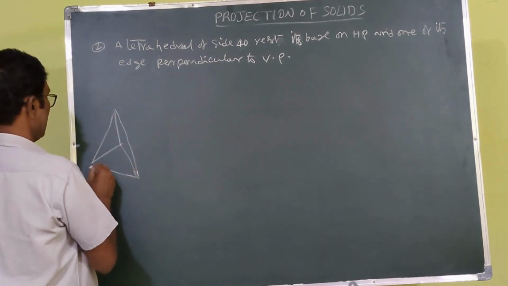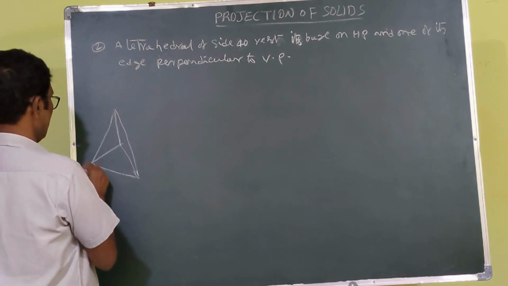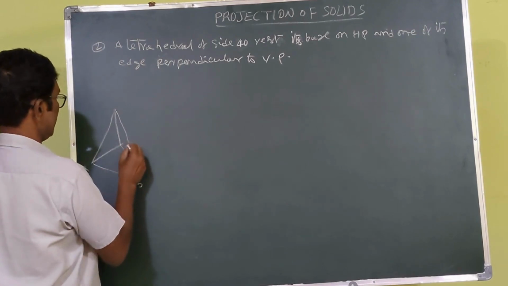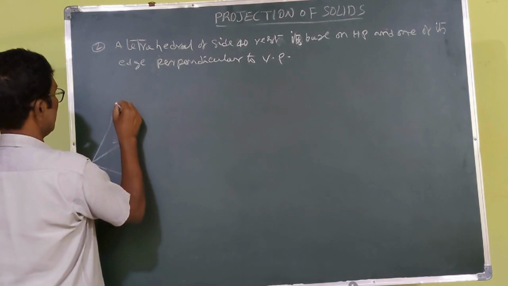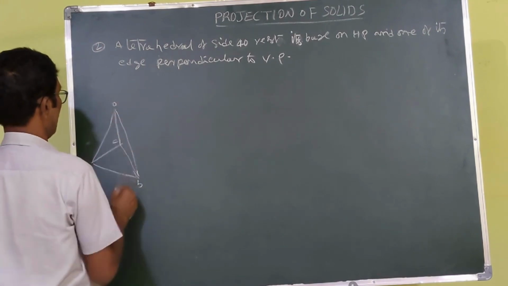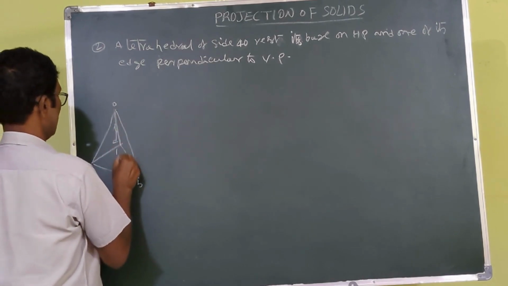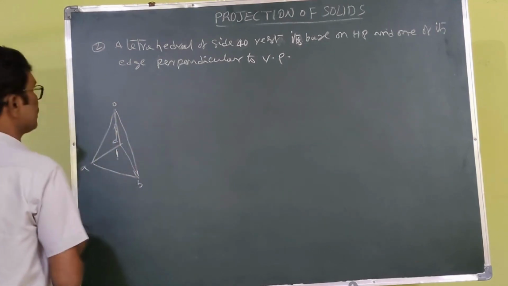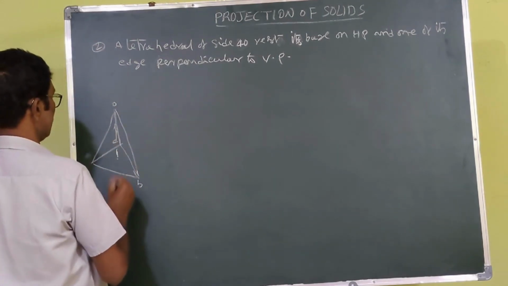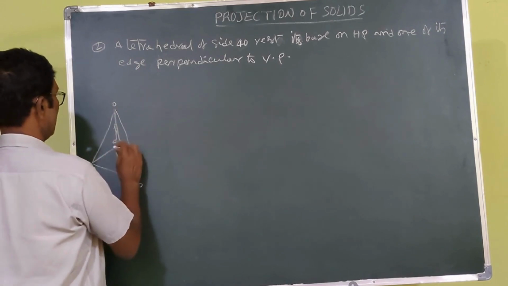This is the tetrahedron. A, B, C, O. This is the apex. Okay. So this is the tetrahedron.